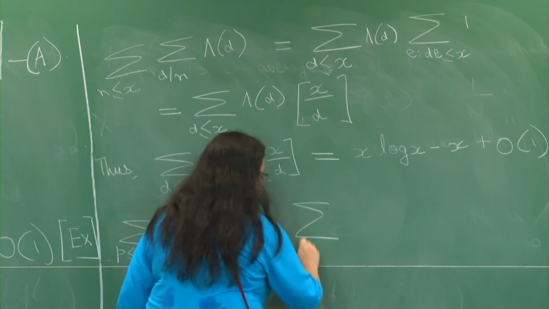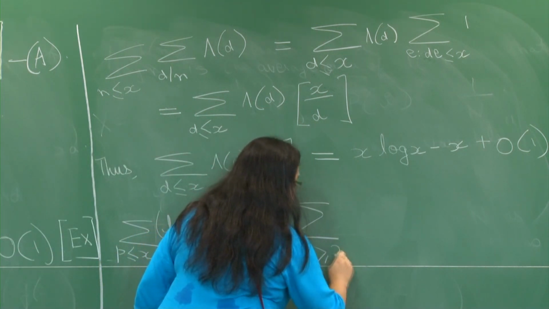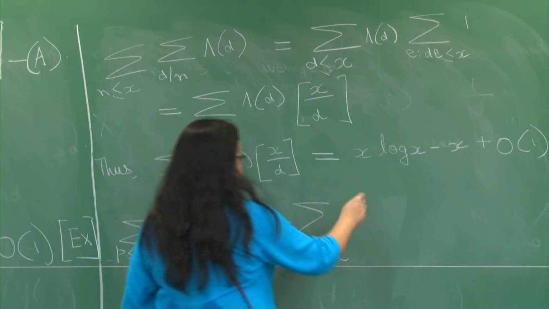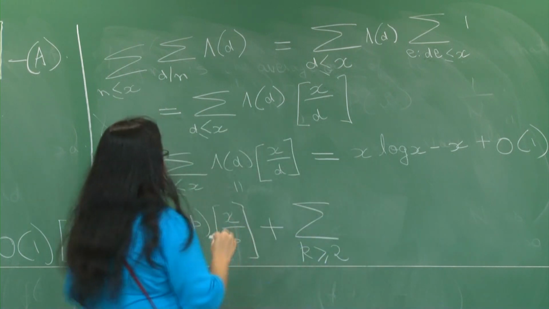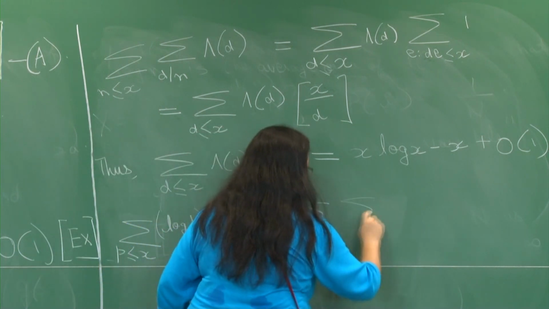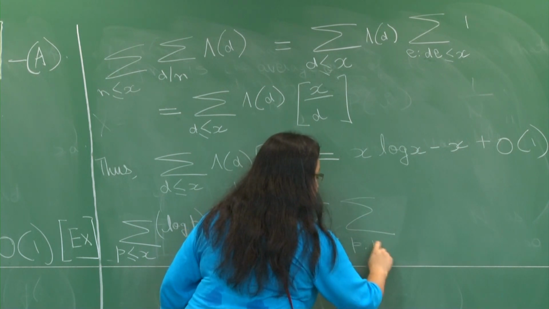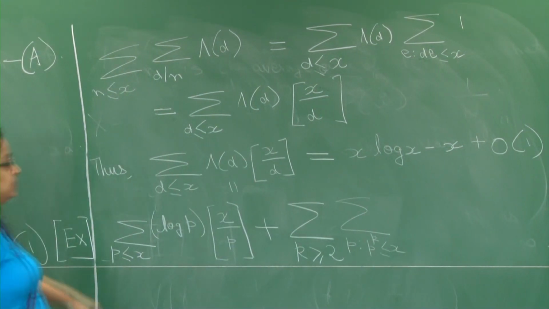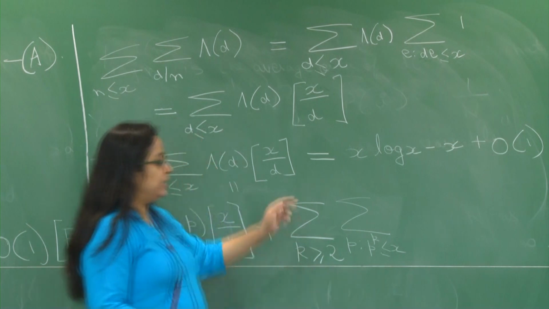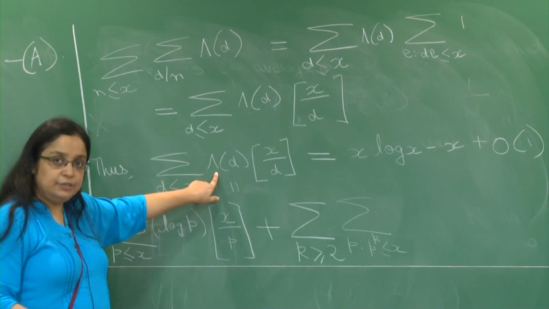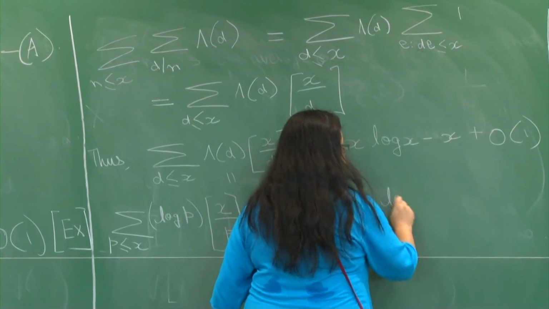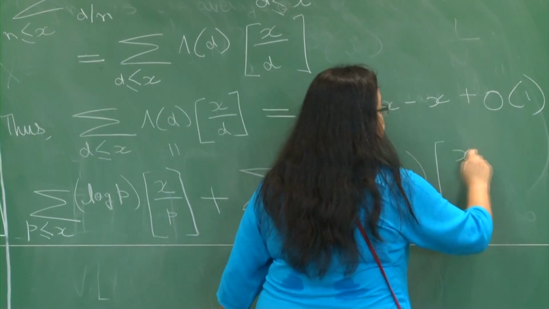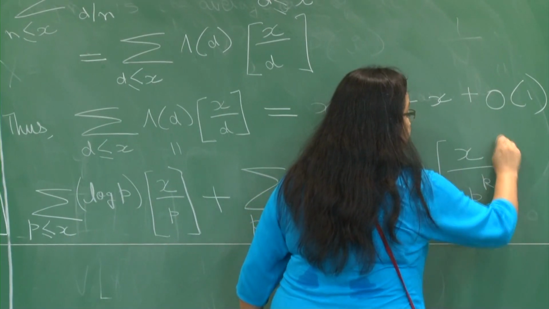So, let us go over all the k greater than or equal to 2, okay, such that p to the k is less than or equal to x, all the primes p such that p raised to the k is less than or equal to x. Even if you have p square or p cube, this is just picking up the value log p. So, this is just log p. In the box function, however, you have to write x over p raised to the k.